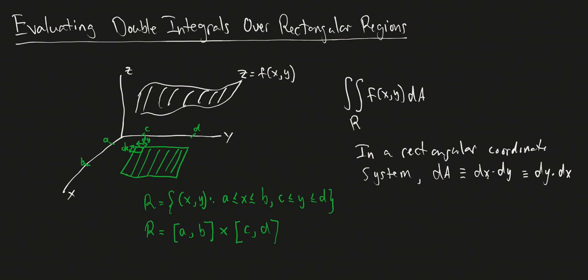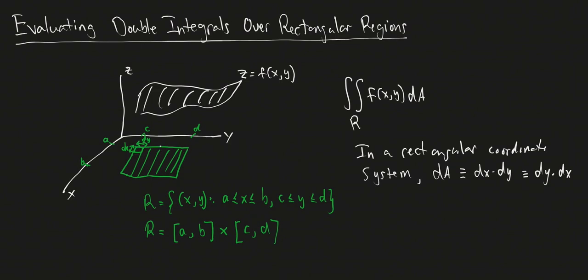An infinitely small width along the x-axis, an infinitely small length along the y, and when you multiply them, you'll get an infinitely small area, and that represents the area of one of those really tiny, tiny rectangles. And then when I multiply that by the height, I get that little sliver of volume.